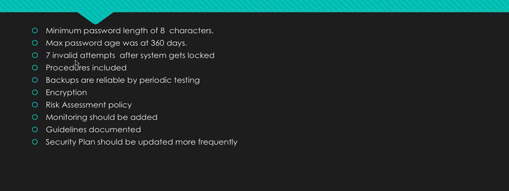There were 7 invalid attempts before the system gets locked. The procedures were included in the report. The backups are reliable through periodic testing. Encryption was implemented. They had a risk management policy. They didn't have monitoring, so that should be added. Their guidelines were documented, which is good, and the security plan should be updated more frequently.